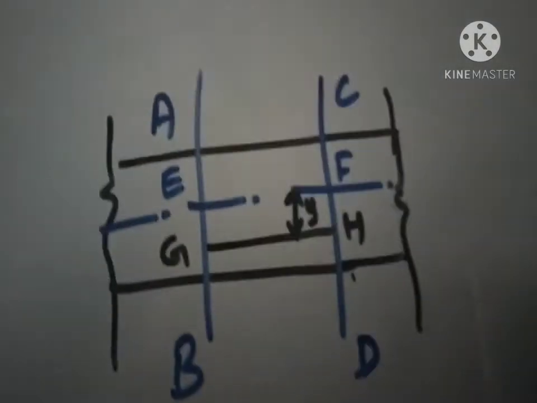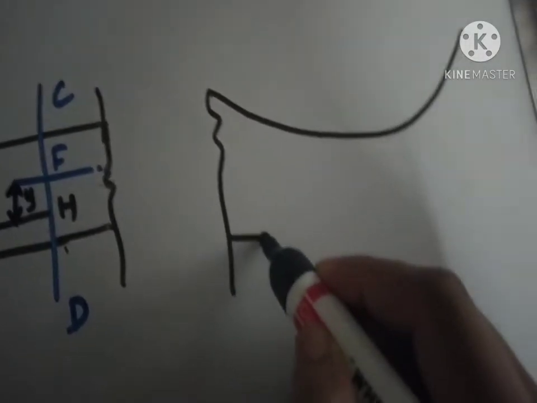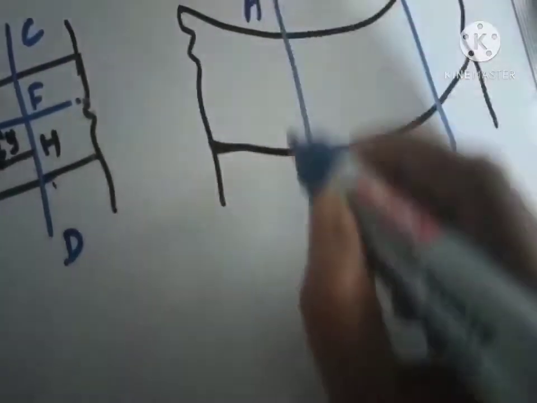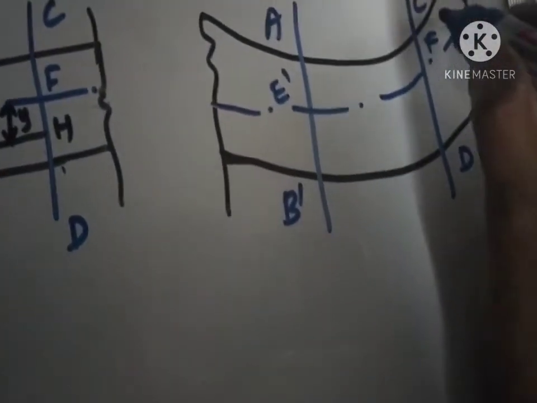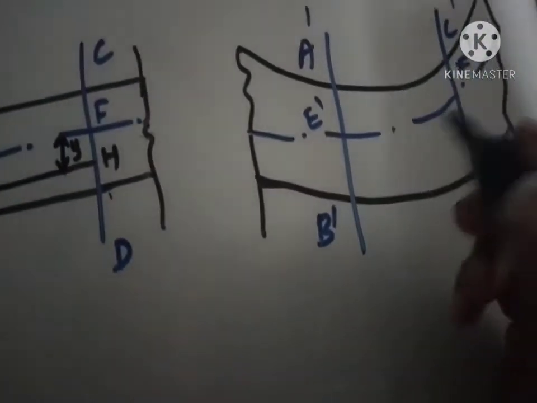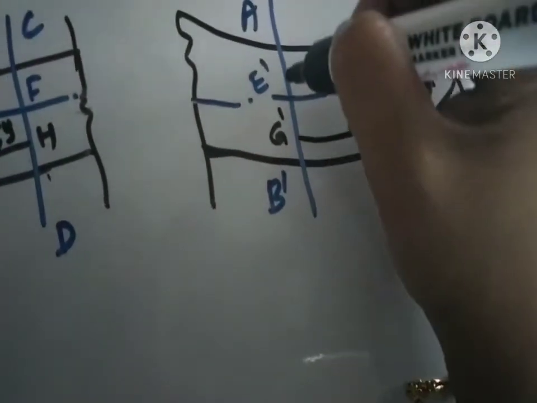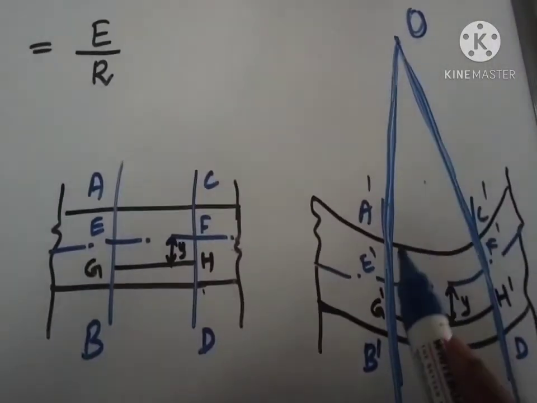After bending, the cross section becomes in this form. So this is the cross section after bending.